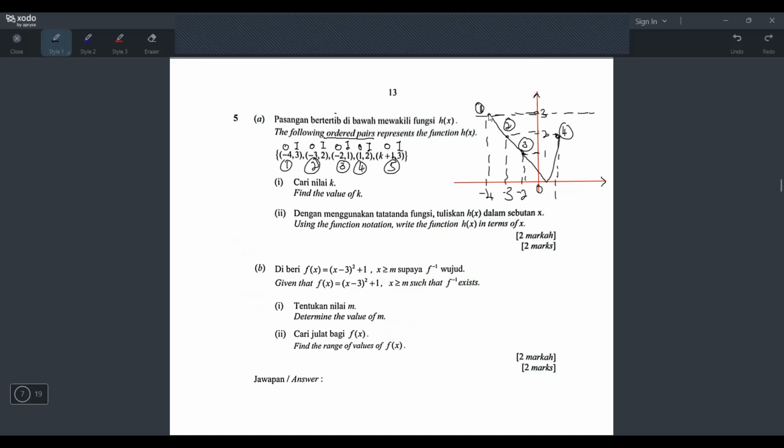How do we know there is a modulus? Because these 3 points, when you join them, form a straight line. But this next point is not along this line, right? So we know that definitely this line, when it reaches the x-axis, will reflect up here. So definitely there is a modulus in your equation.